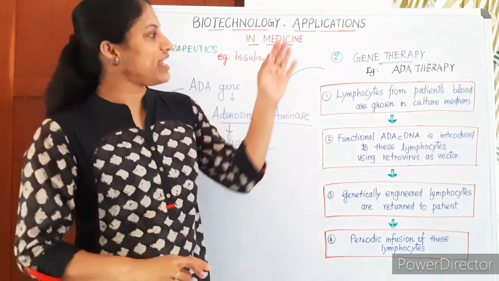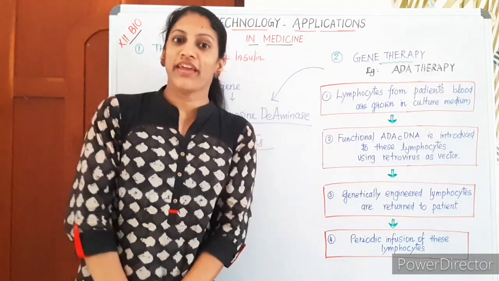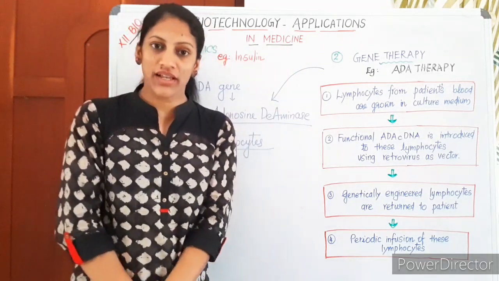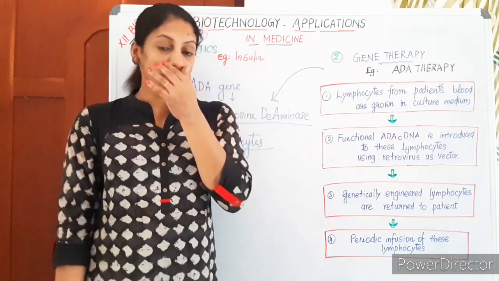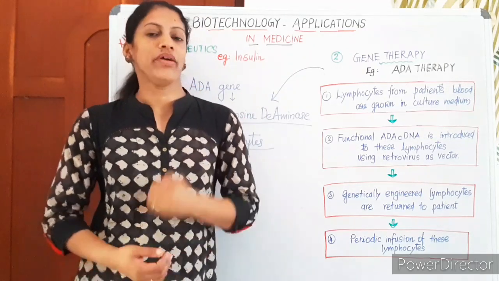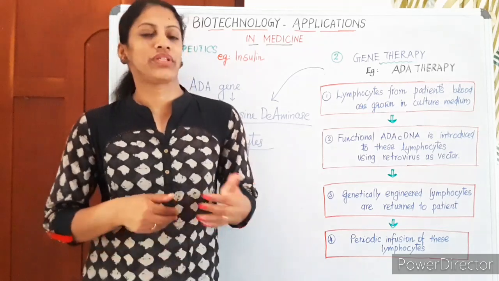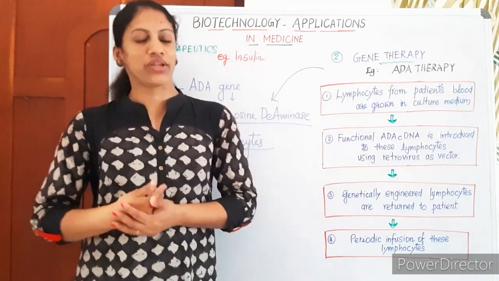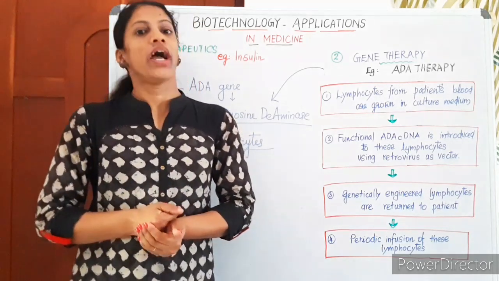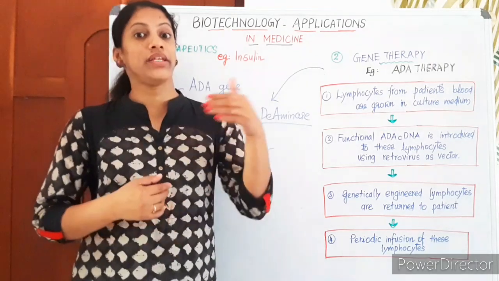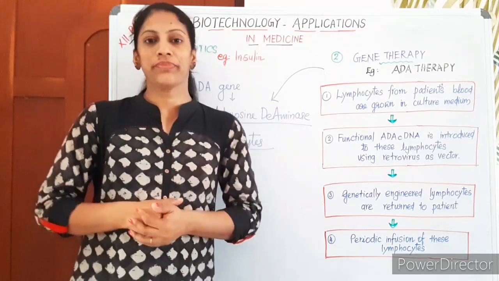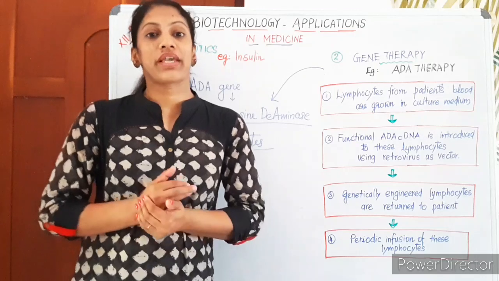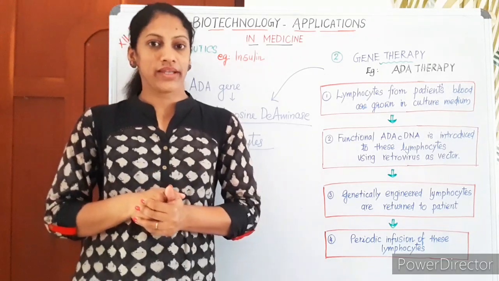Once again, in ADA gene therapy, the ADA gene is essential for the production of the adenosine deaminase enzyme, which is very significant for the action of lymphocytes. Its absence affects our immunity. What was done in the first case of clinical gene therapy in 1990?